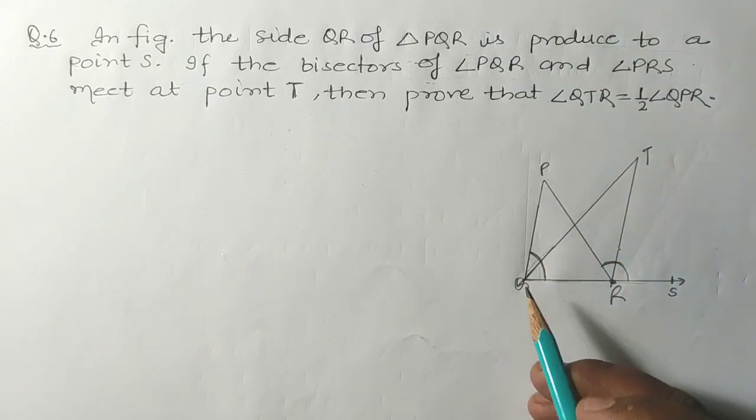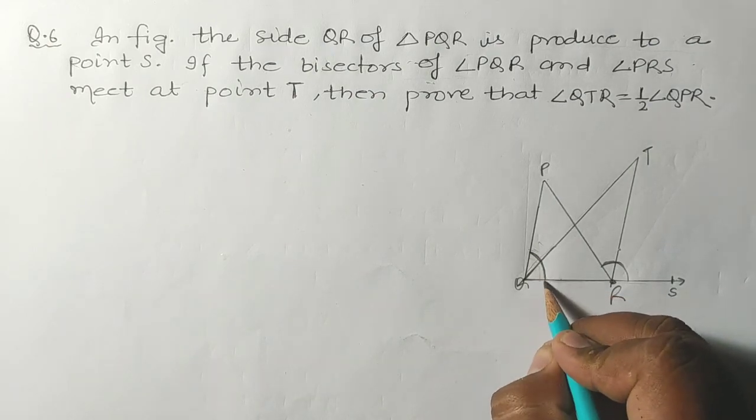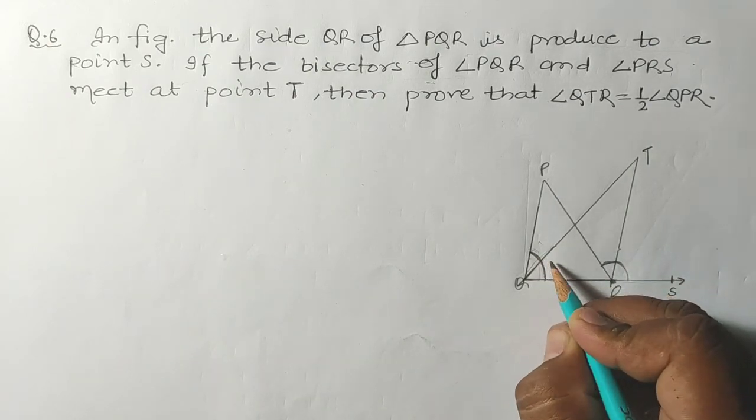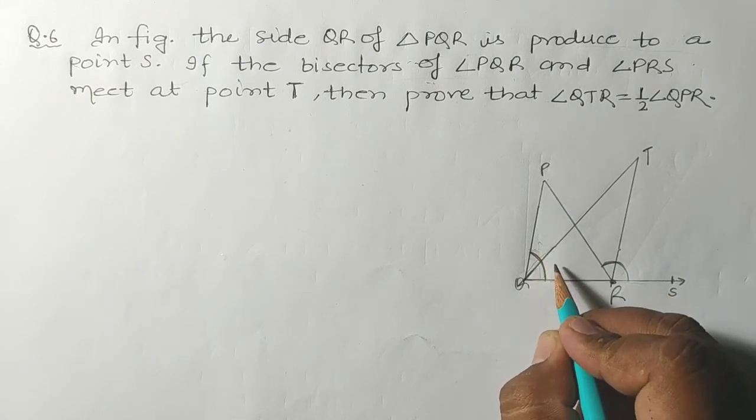QT is bisector of angle PQR, means this QT will divide angle PQR exactly equal, means it is bisector.